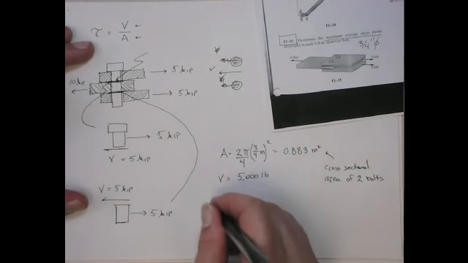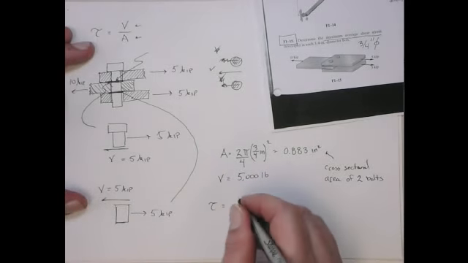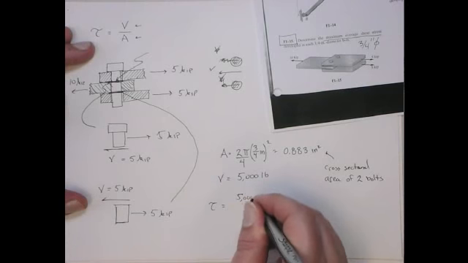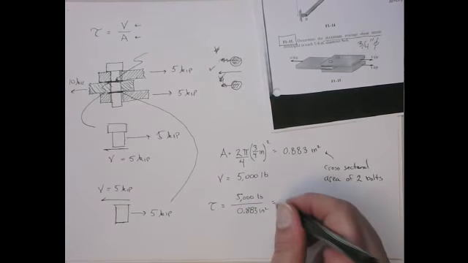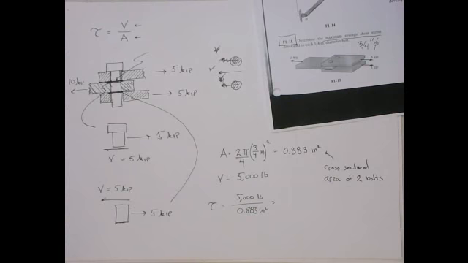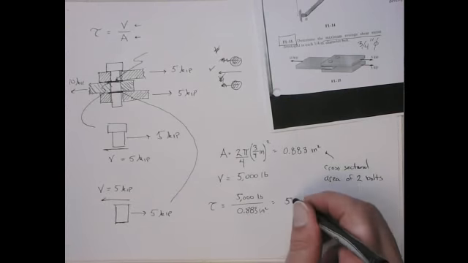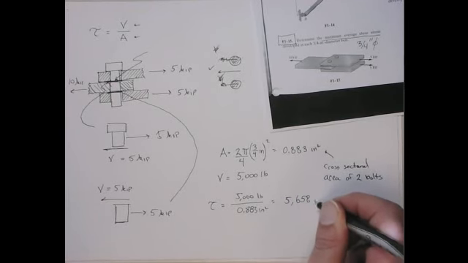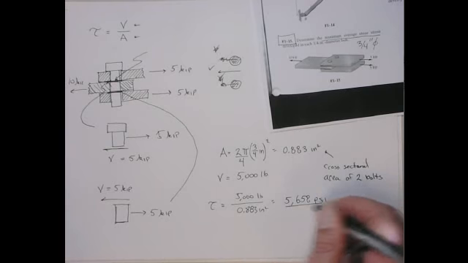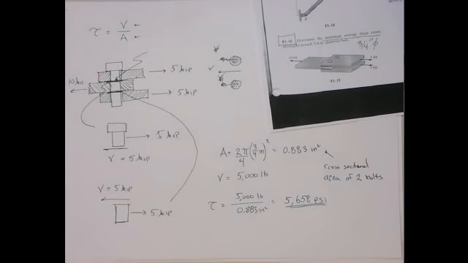All right, so it gives me the tau is equal to 5,000 pounds over 0.883 inches squared, and that gives us 5,658 psi. And so that's the answer.